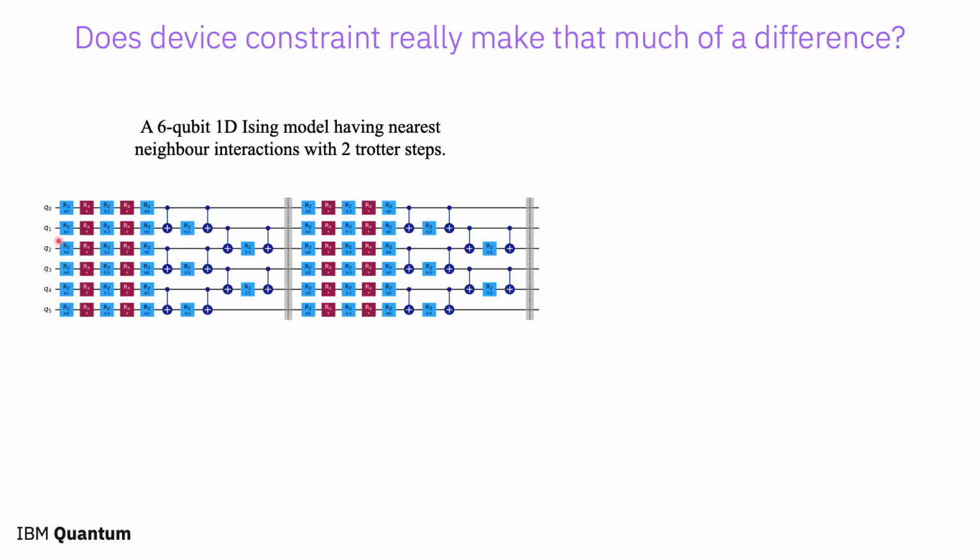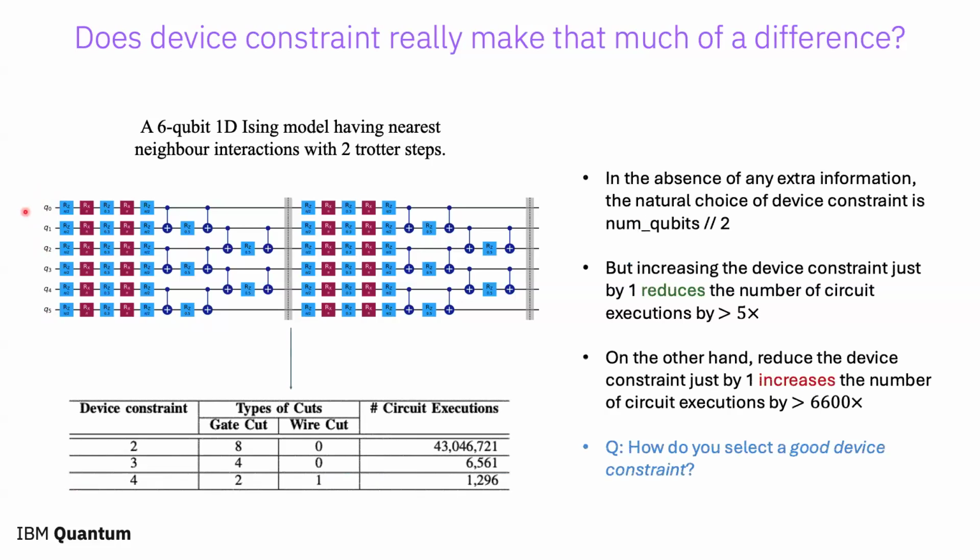So let's say that out of 6, 3 will be in subcircuit 1, the rest 3 will be in subcircuit 2. If you do that, it leads to around 6,000 circuit executions. However, if you make your device constraint 4, if you allow 4 qubits in one subcircuit and 2 qubits in the other, it becomes 1,200.